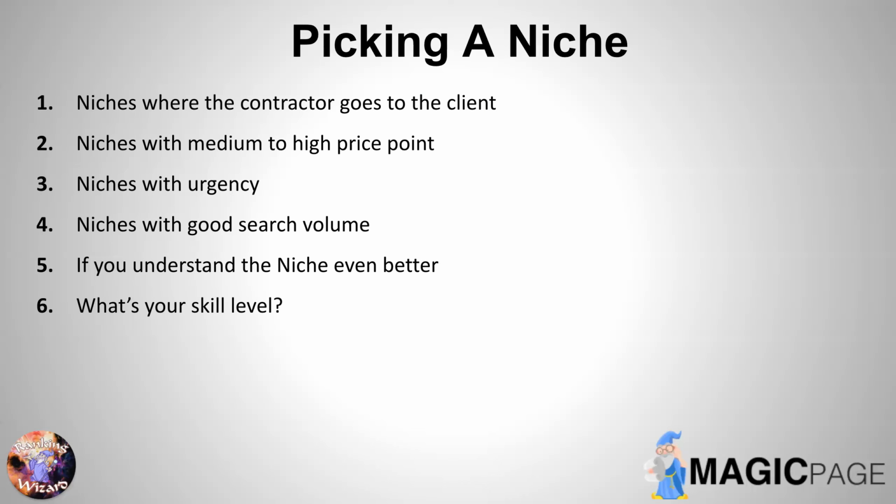I also like niches with a bit of urgency. If you're thinking of a painter and decorator, people are going to be shopping around for a quote. Obviously the lead buyers know that, so they're not going to want to pay as much for somebody who's just looking for a quote.